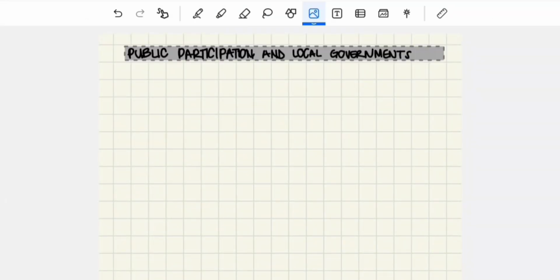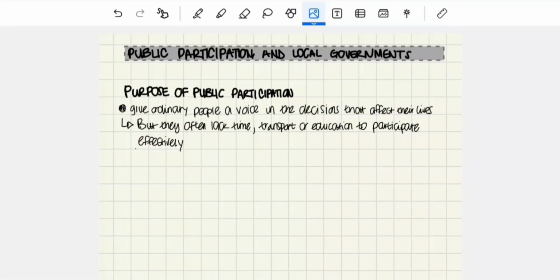So what is the purpose of public participation? Public participation gives ordinary people, especially poor people, a voice in the decisions that may affect their lives. Think of public participation like a school meeting where learners can raise their concerns and suggest changes.